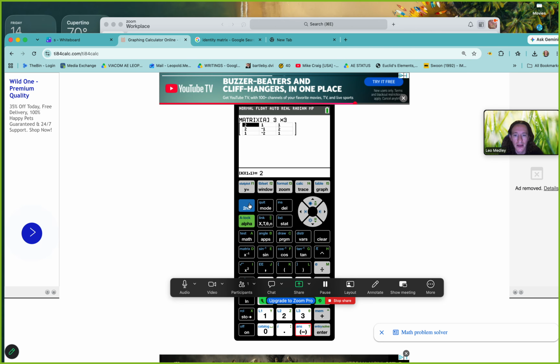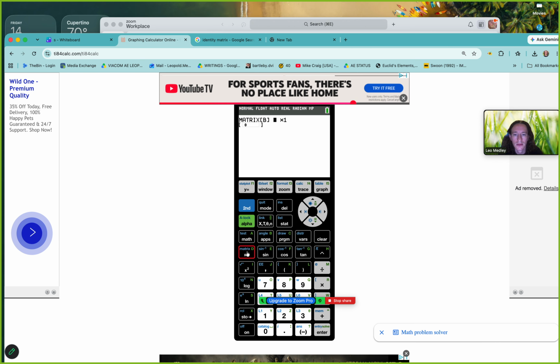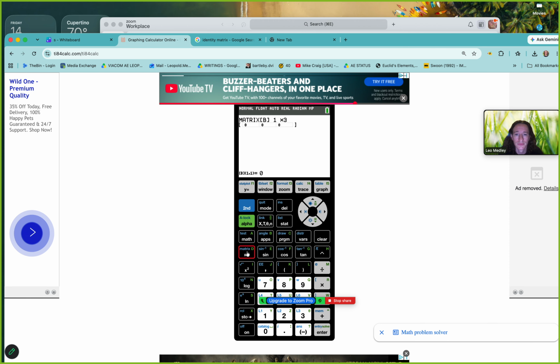And then we hit second matrix, and we built another one that was a 3 by 1 matrix with the values 7, 6, 0.